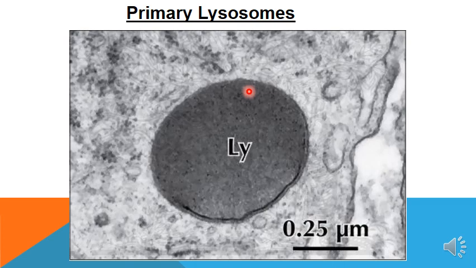Finally, the final membranous organelle is the lysosome. The lysosome is the digestive apparatus of the cell. The lysosome comes from the Golgi apparatus.